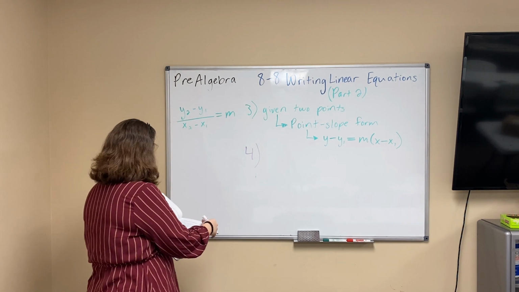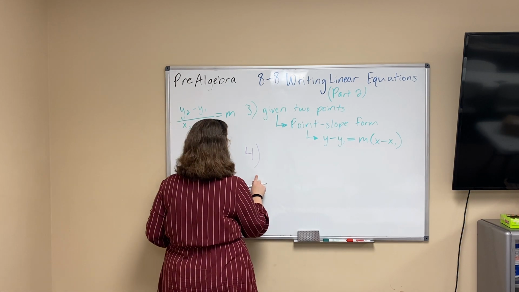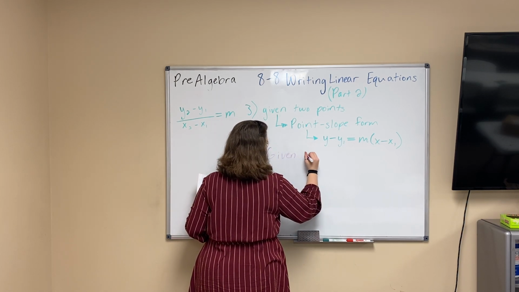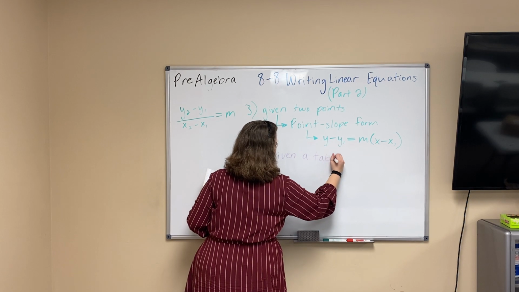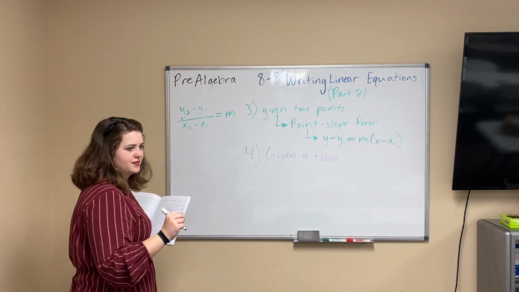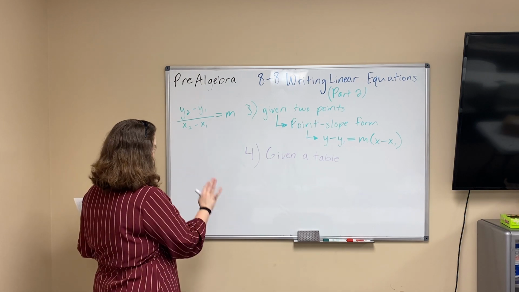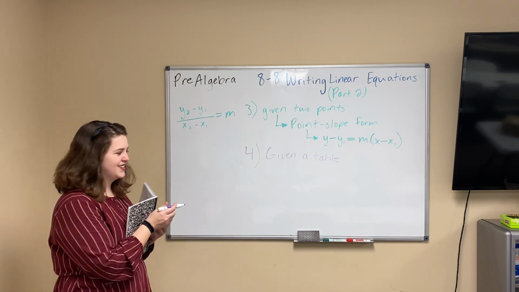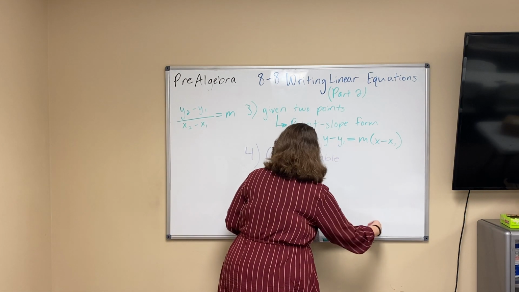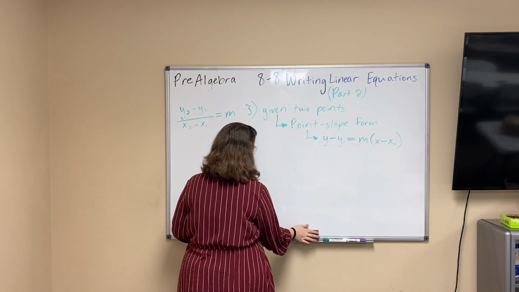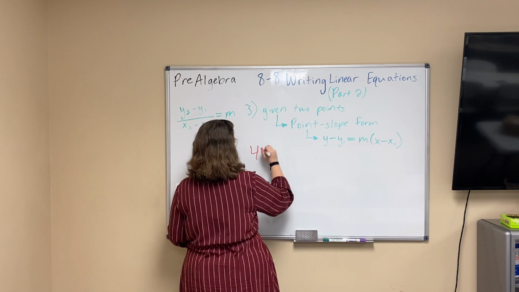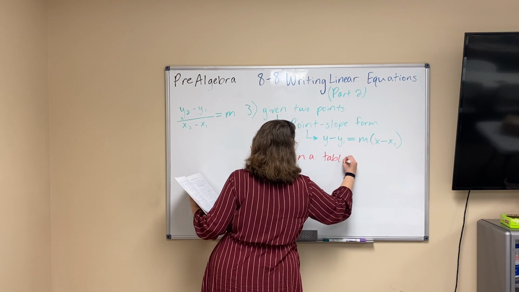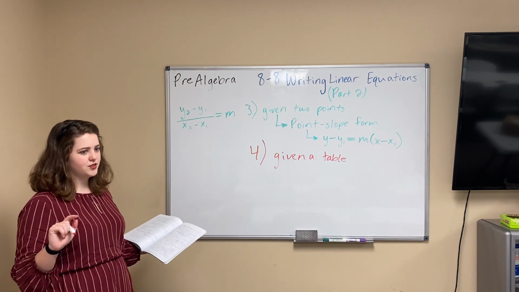The fourth scenario that you're going to have to write a linear equation from is given a table. Can you see that? Okay. Given a table, we're still going to end up having to use point slope form, because you guys know how to make tables.